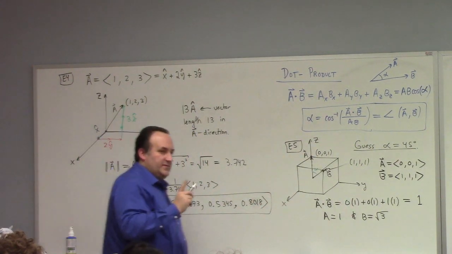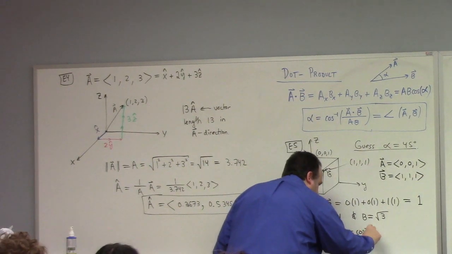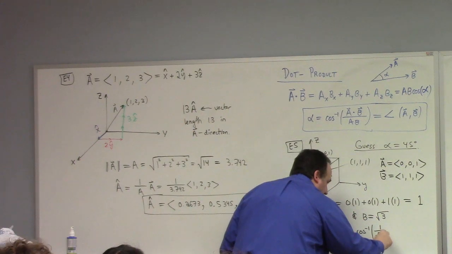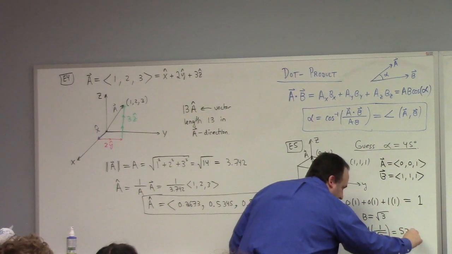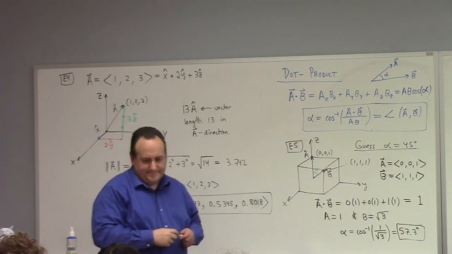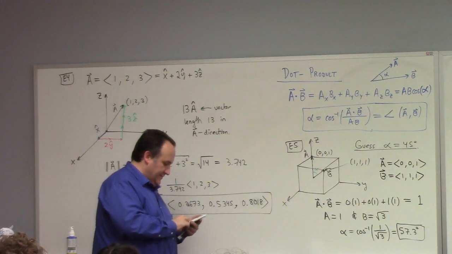All right? So then what's alpha? Alpha is equal to the inverse cosine of A dot B, which is 1, over the square root of 3. That is 57.3 degrees, roughly speaking, if I remember right. Let's see if I remembered right.